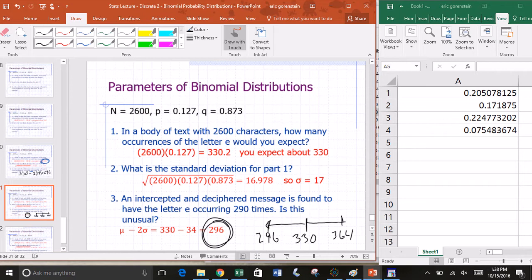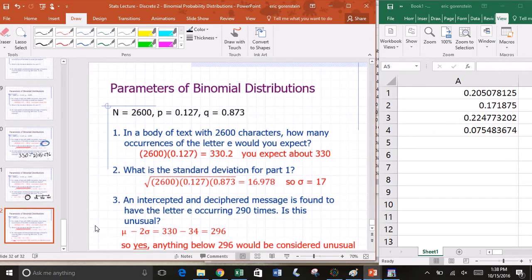Anything between 296 and 364 would be ordinary or usual values. Anything outside that range would be considered unusual. So 290 is outside that range. 290 would be considered unusual.